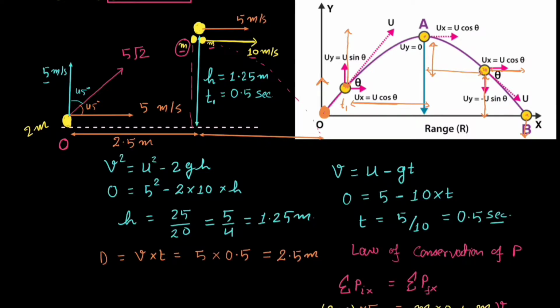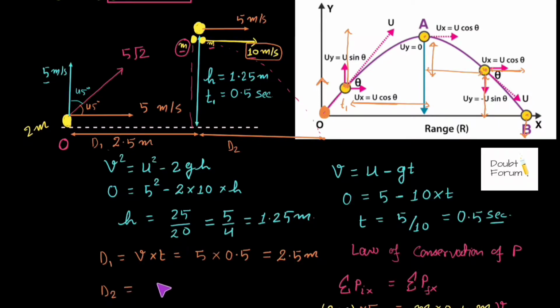It is very easy to find, because this particle is moving with 10 meter per second in the horizontal direction, and it takes 0.5 seconds to reach the ground. Let's say this was d1, and assume this is d2. So d2 would be velocity into time, that is 10 into 0.5, so the distance traveled in the x direction would be 5 meters.